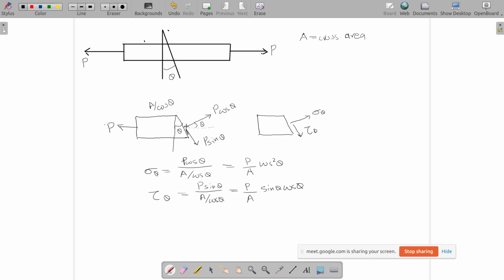So there is only one tau value actually, which is what we have obtained here. But for sigma we are going to have one more value, which we will call sigma theta minus 90. What is sigma theta minus 90?